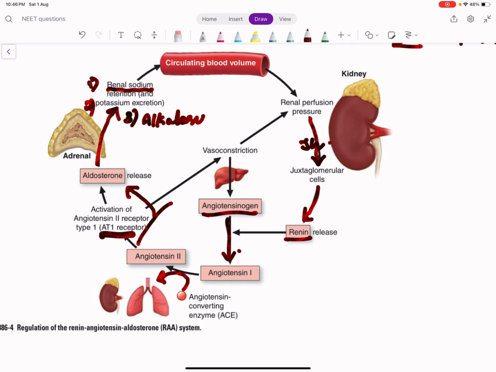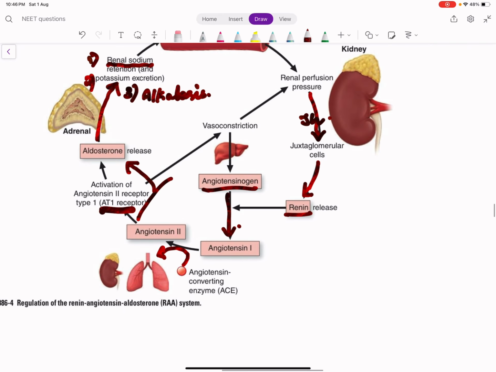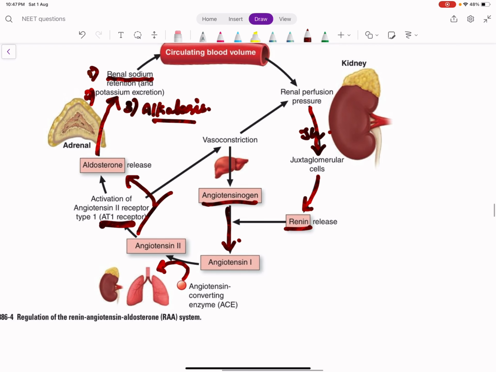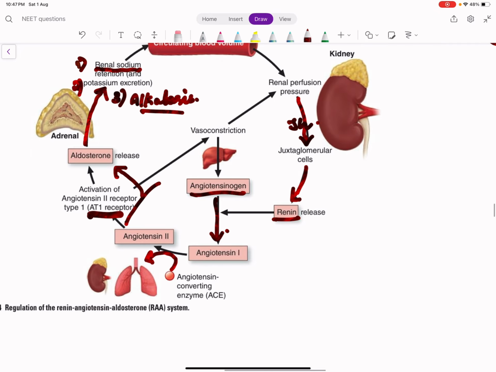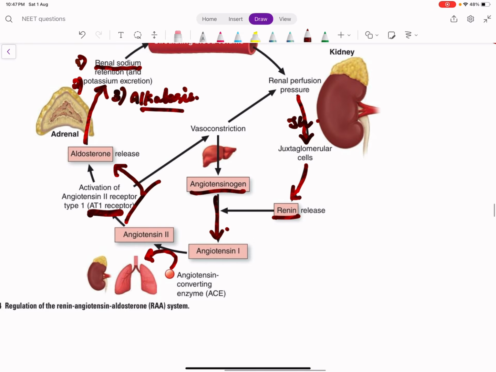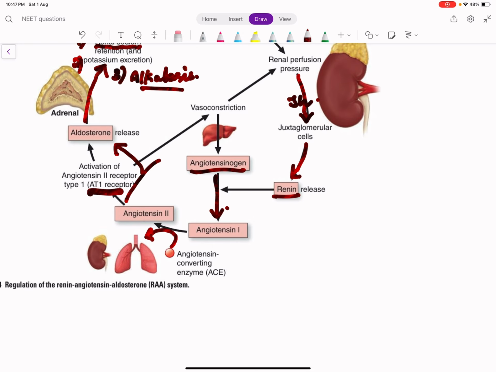And alkalosis. So aldosterone antagonists cause the opposite. They cause hyperkalemia and acidosis. Right? So function of aldosterone is sodium retention, potassium excretion, and causing metabolic alkalosis. So remember this. Renin converts angiotensinogen to angiotensin 1. Angiotensin 1 is converted to angiotensin 2 by angiotensin converting enzyme.